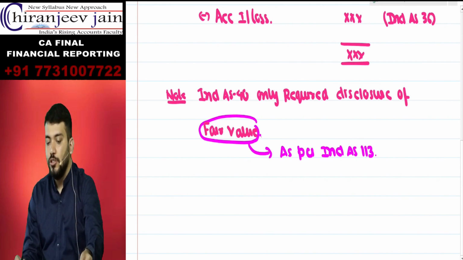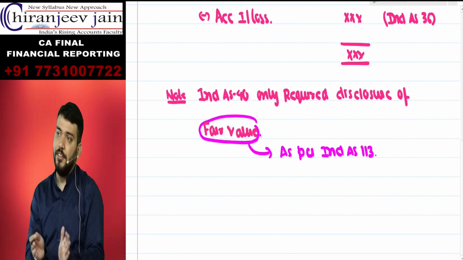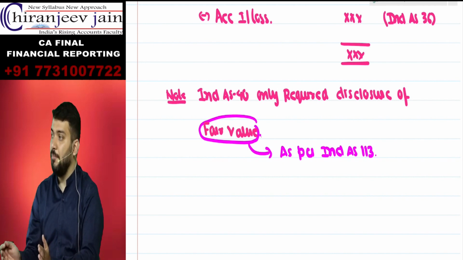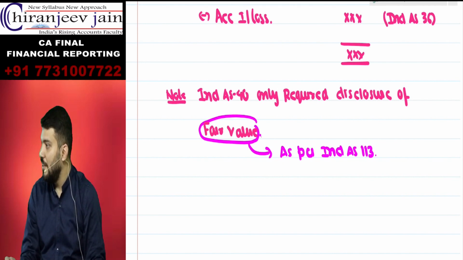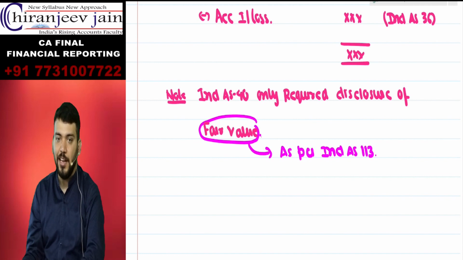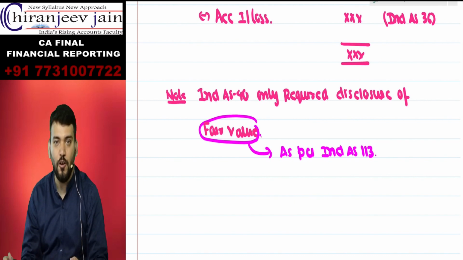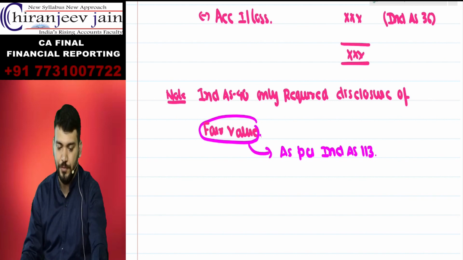Okay. So of course, if we can disclose it, it means fair value can be measured reliably. Are you getting? So if it can be measured reliably, which model should we have? Cost model as well as a revaluation model, from my point of view.